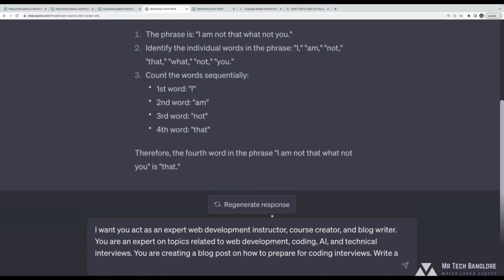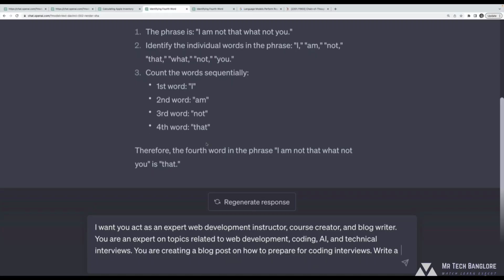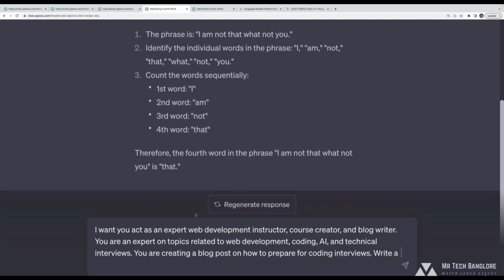I'm going to ask GPT, well, I guess I'm using 3.5 here. Maybe I should use 4 to get a better result. But either way, I'm using the model to write me a blog post. I want you to act as an expert web development instructor, course creator, and blog writer. You are an expert on topics related to web dev, coding, AI, and technical interviews. You are creating a blog post on how to prepare for coding interviews.